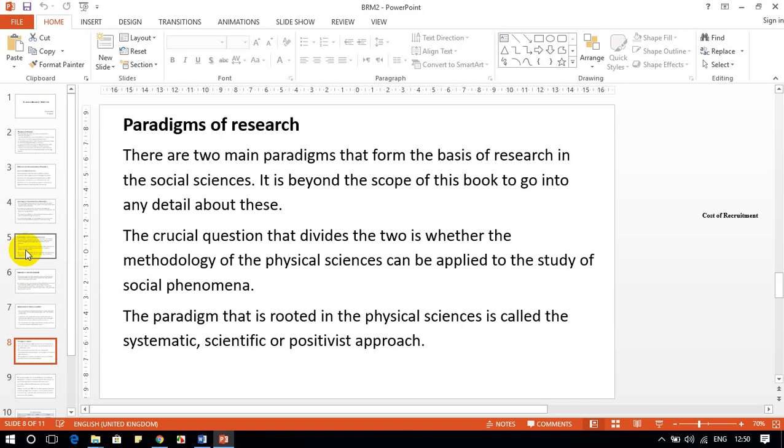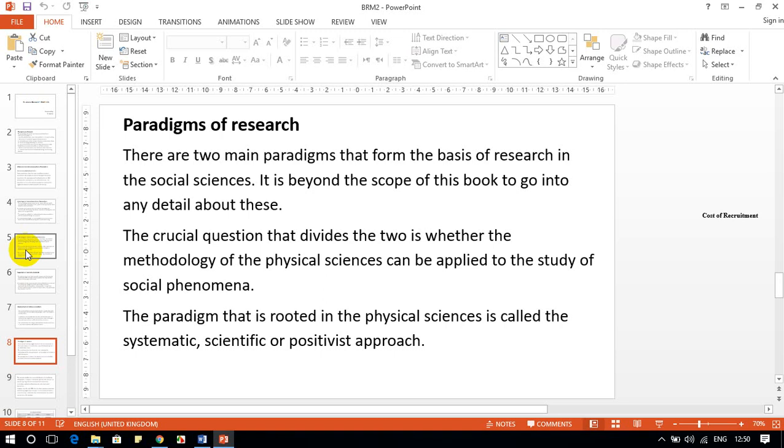So for this purpose, we have some paradigms of the research. There are two main paradigms that form the basis of the research in the social sciences. So the two common and general paradigms toward research have been used within business organizations in national and international scenarios.